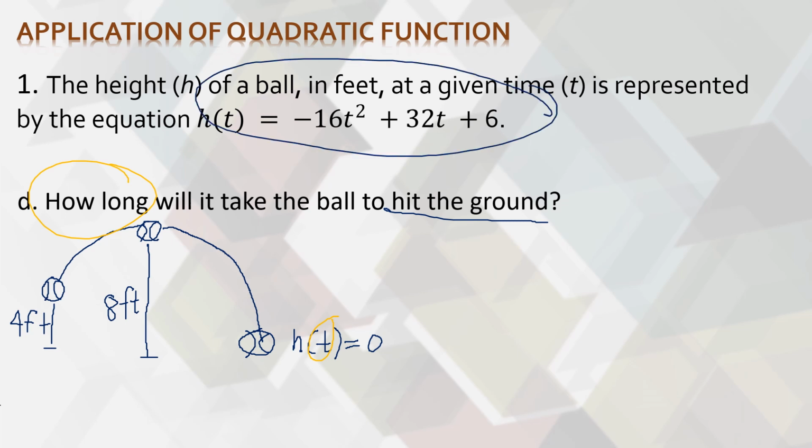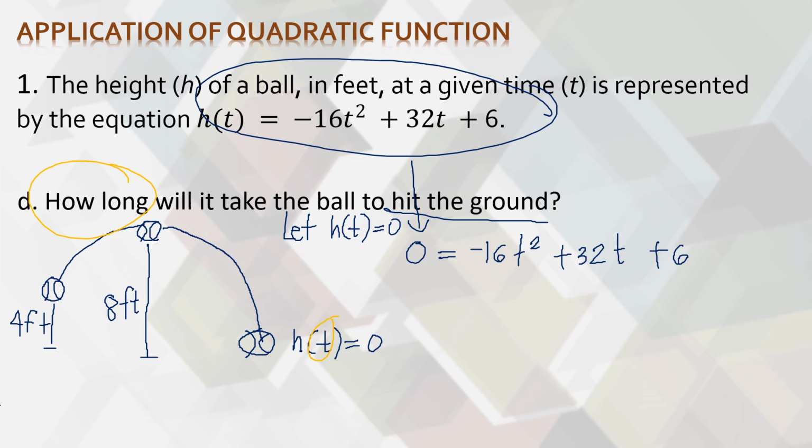So babalik tayo sa given at ang gagawin natin, we let h of t be equal to 0. Kaya h of t that is equal to, okay, so substitute, negative 16t squared plus 32t plus 6.